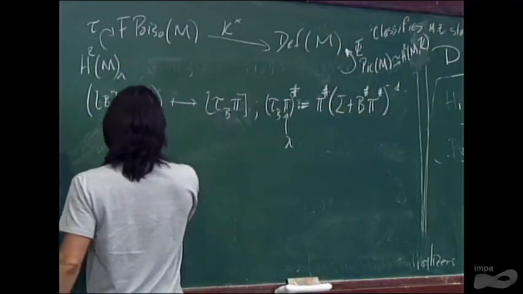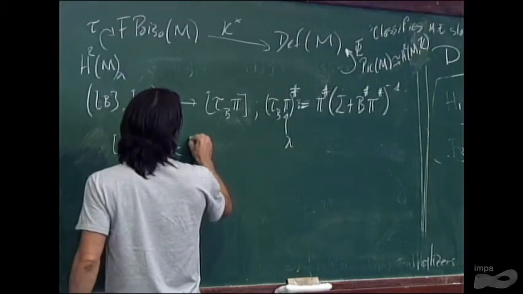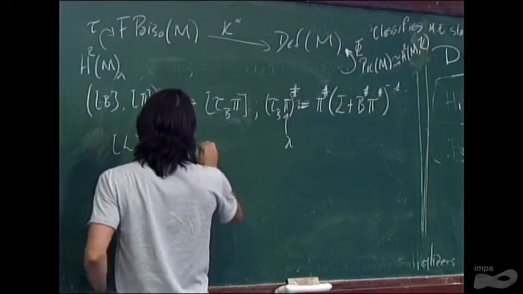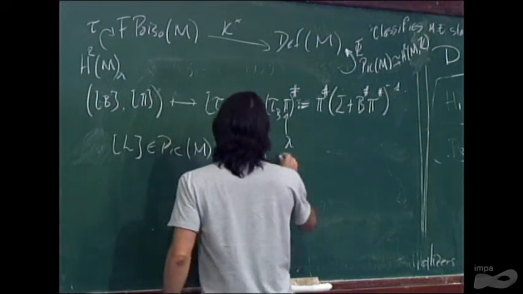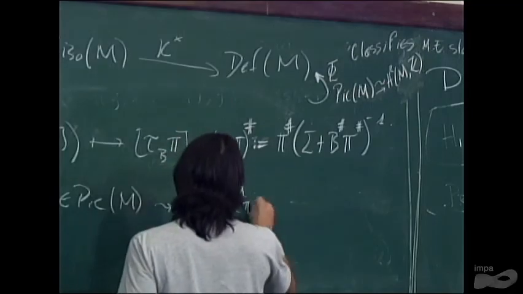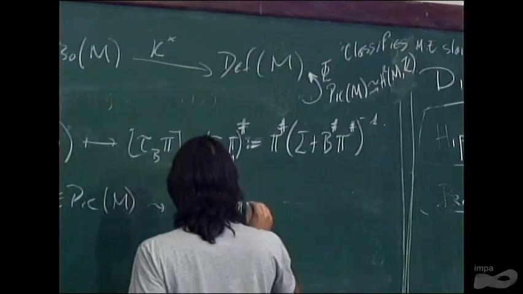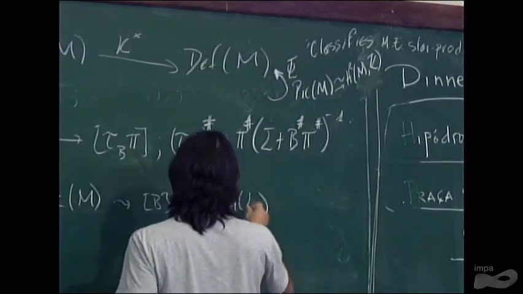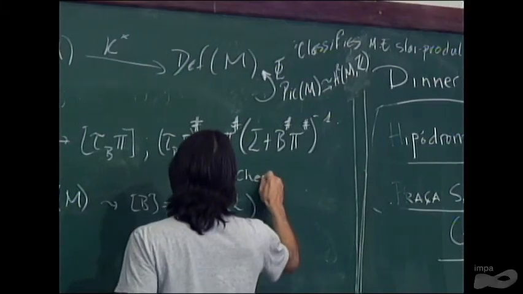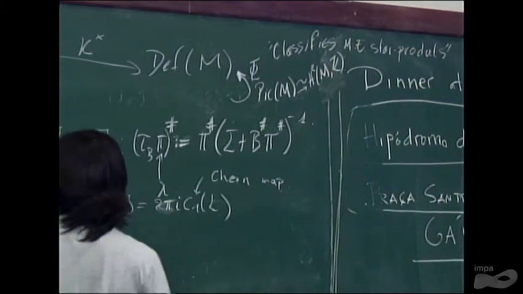If you take this L here, the isomorphism class of a complex line bundle, this gives you this closed two-form, where this is the first Chern map.